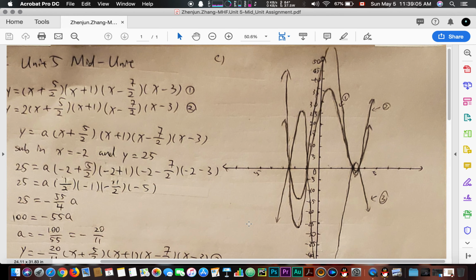So frankly speaking, if you just change the leading coefficient of your whole function, which we can call a family, then you stretch it or you squeeze it vertically. But if you plug in the negative sign, then you have to reflect that in the x-axis. So if that points up, then that points down.